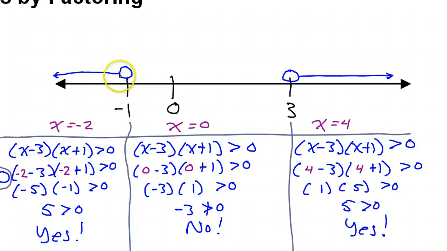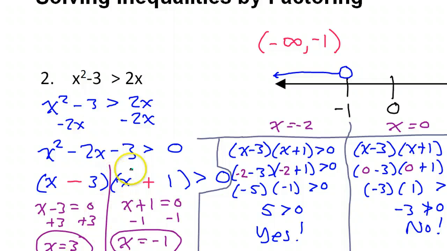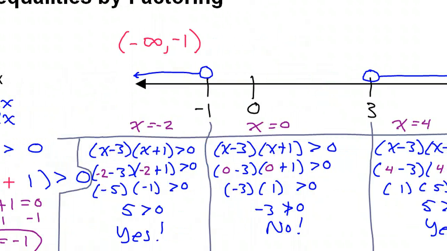Over here, this is coming in from negative infinity to negative 1. We will use round parentheses to show that the negative 1 is not included. Negative 1 is where the parabola is equal to 0. We want to know where the function is greater than 0, so we're not going to include the negative 1.